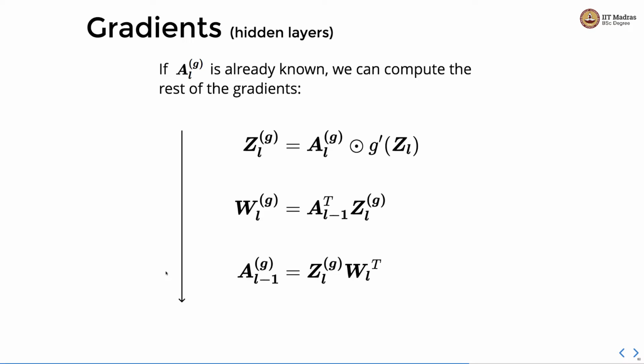So if AL_G is already known, we can compute the rest of the gradients. ZL_G is equal to the element-wise product of AL_G and g'(ZL). WL_G is the matrix product between A(L-1) transpose and ZL_G, and A(L-1)_G is the matrix product of ZL_G with WL transpose.